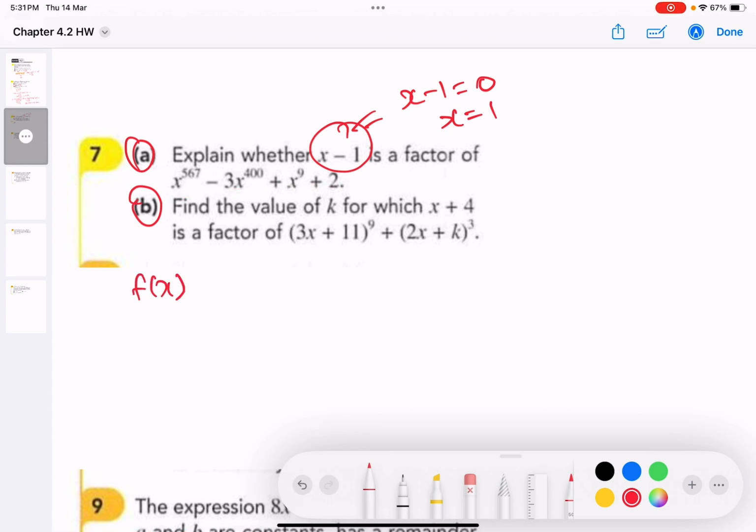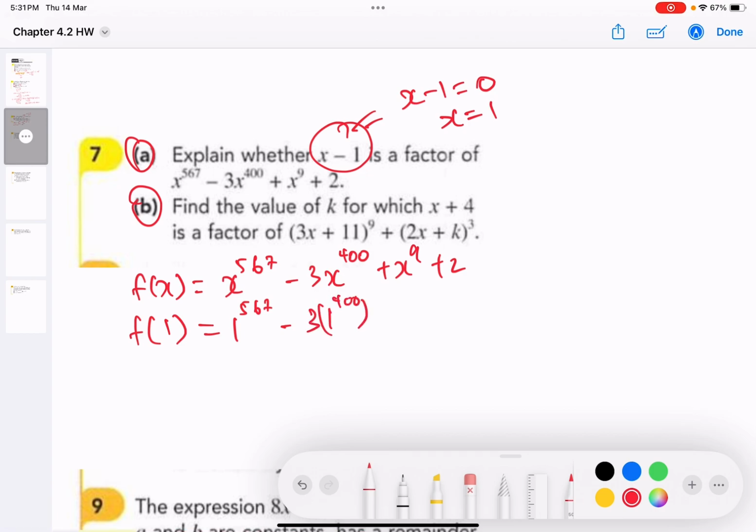My f(x) is x^567 − 3x^400 + x^9 + 2. I'm going to substitute 1 into this function, so I get 1^567 − 3(1)^400 + 1^9 + 2. If I enter this into my calculator, I'm going to get 1 − 3 + 1 + 2.